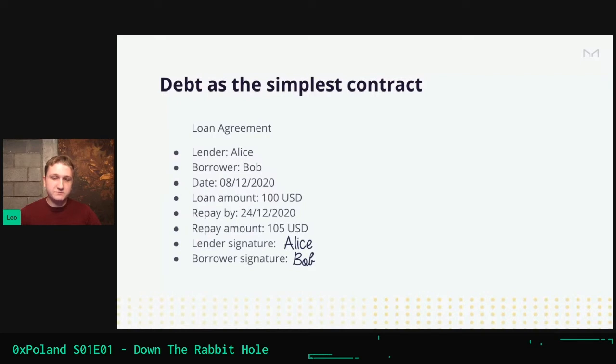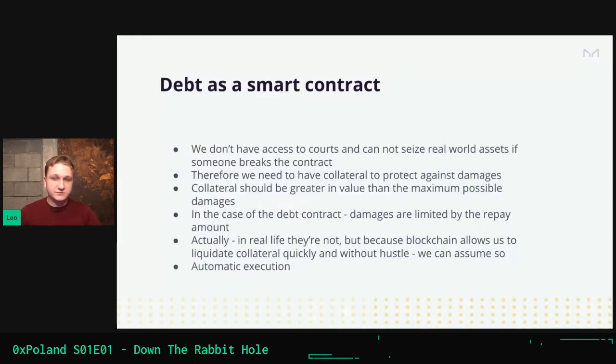Let's look at this contract before. What happens if Bob doesn't pay his loan on time? Then Alice is owed 105 USD, and if Bob doesn't pay, this is Alice's damage, like she just lost 105 USD. But if we have collateral, we can protect against that.